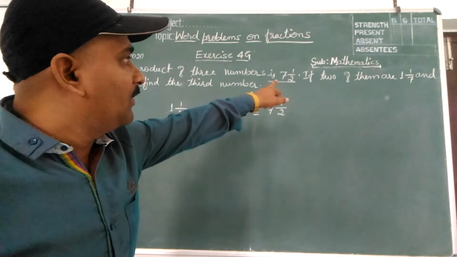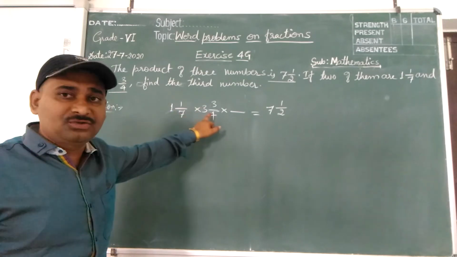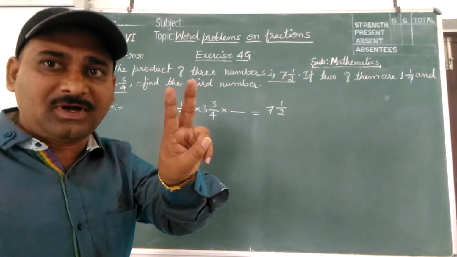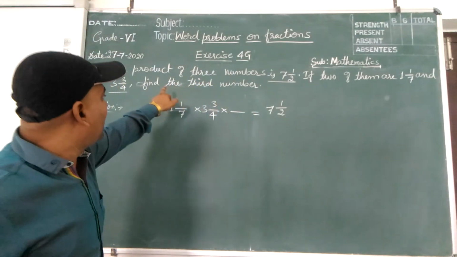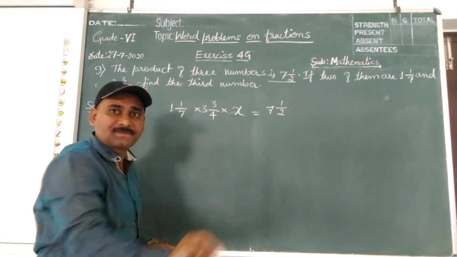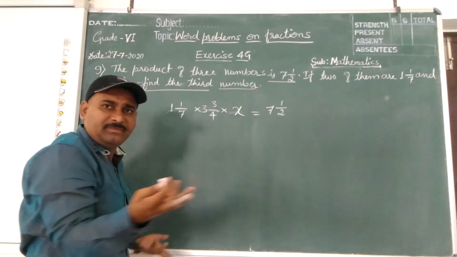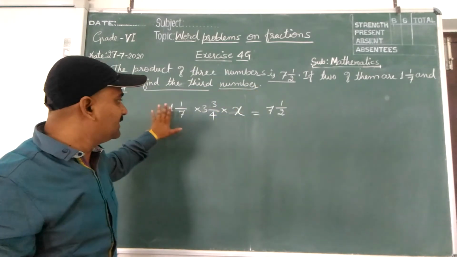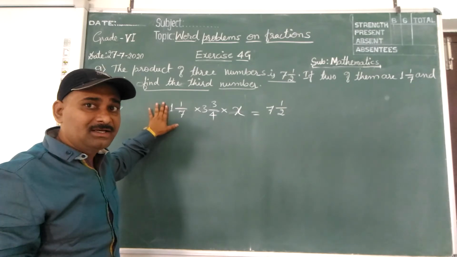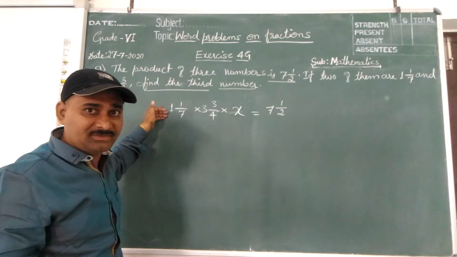Means two values are given, 1 is to 1 by 7 and 3 is to 3 by 4. Find the third. We don't know, let it be x. So this is how we will write the mathematical equation by reading the question. Important step.